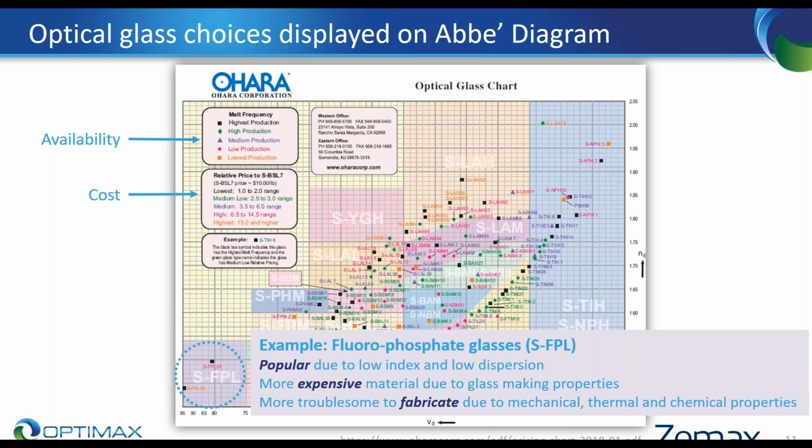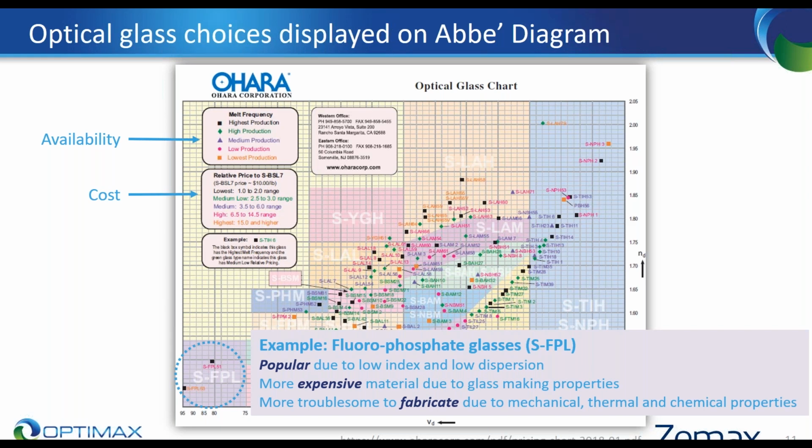These are fluorophosphate glasses, and they are very popular due to their low index and low dispersion, as well as a lot of the other extremes on the glass map. However, they also happen to be more expensive material due to their glass making properties. In order to make them into glass that is defect free, it takes a little bit more effort, so it's more expensive to create the glass.